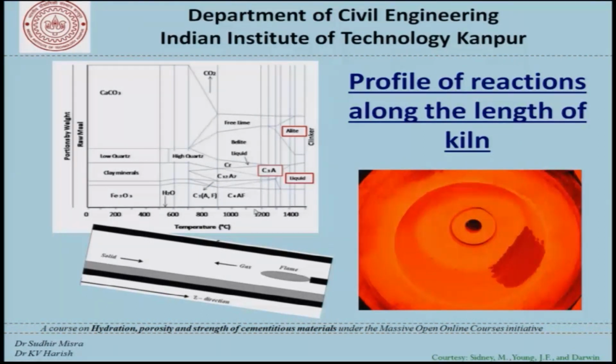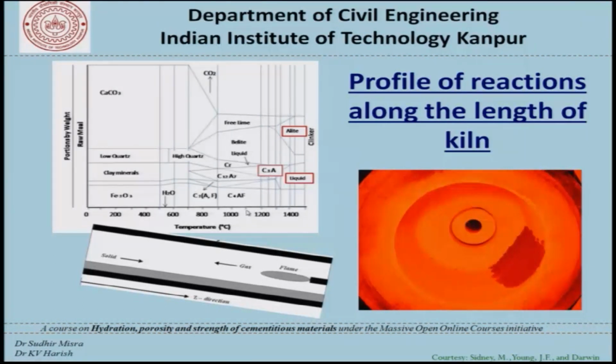Further heating, say beyond 1000 degrees Celsius, the first compound that forms is C4AF, and at the same time you also have belite which is formed, and remember that a portion of the mixture at this temperature range becomes liquid, and you also see that the limestone is converted to free lime in this temperature, and the free lime is available for reactions further.